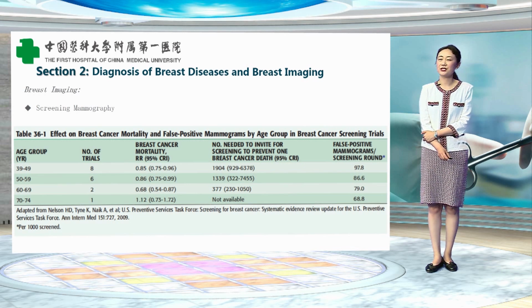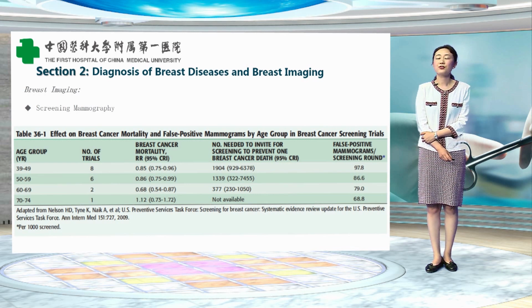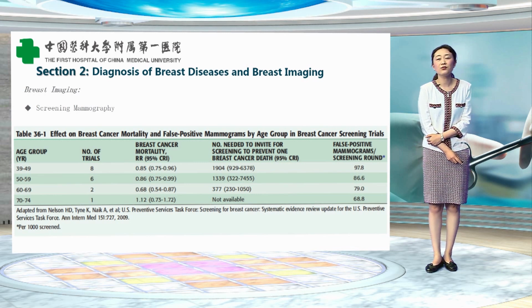This table showed several trials on breast cancer mortality and false positive mammograms by age group in breast cancer screening trials. And we can see the patient with age from 40 to 70 benefits a lot from the reduction of the mortality, especially for the patient over the age of 60.